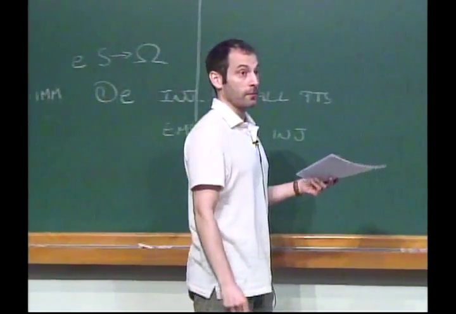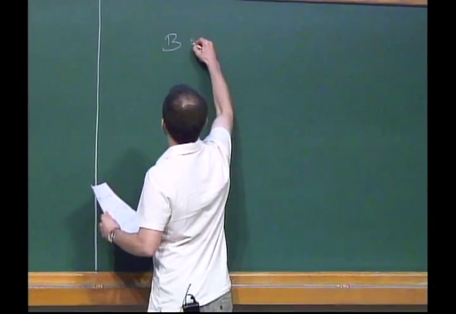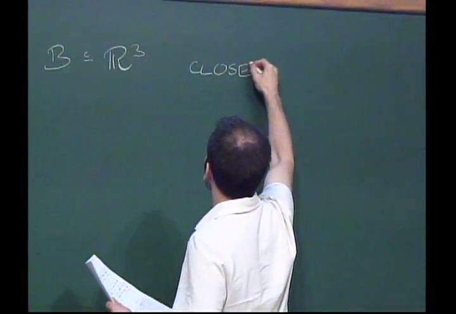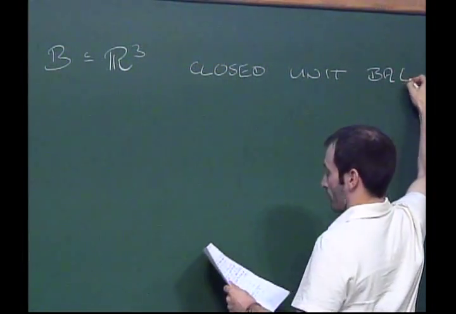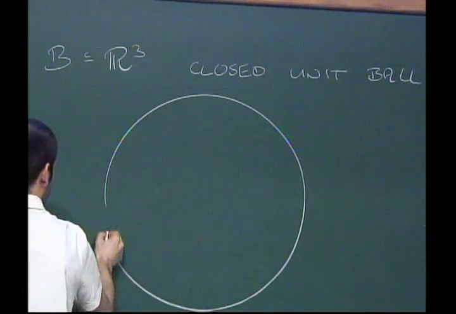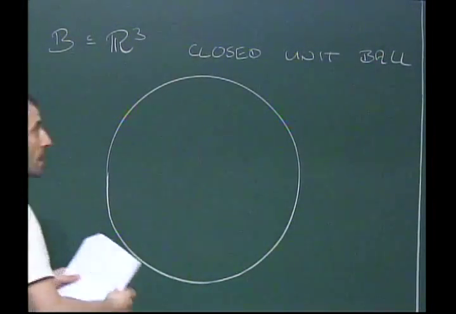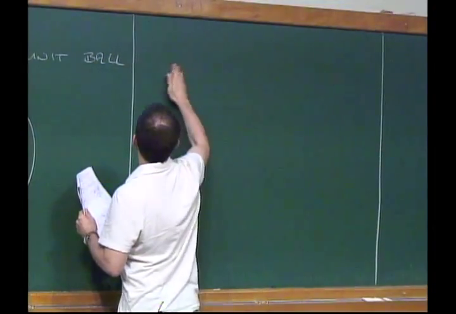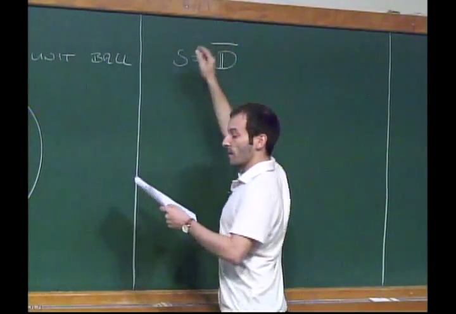So, the simplest example is the following. We give ourselves B in R3, a closed unit ball. So it looks like this. Now, we consider the case where our surface sigma, or S, according to this notation up here, is equal to the closed unit disk.